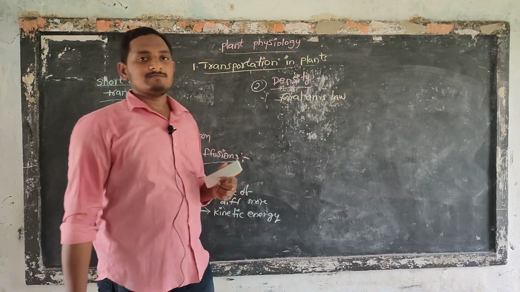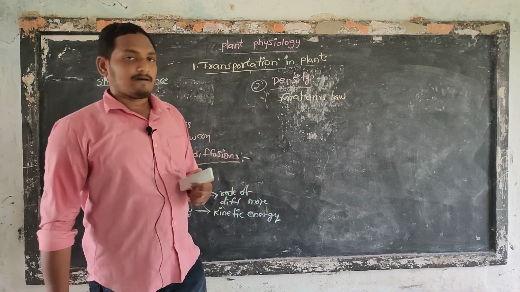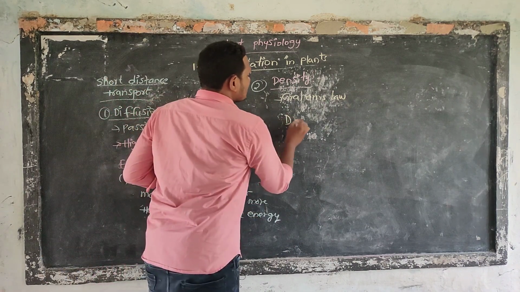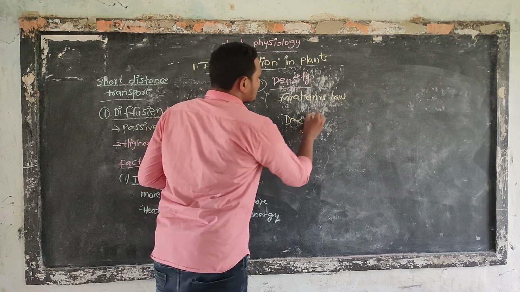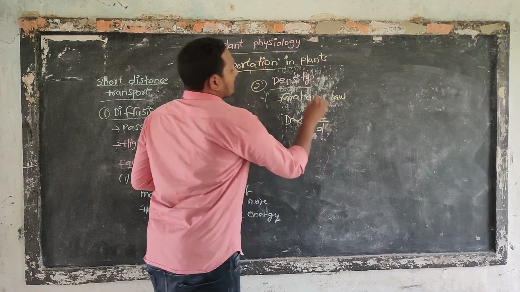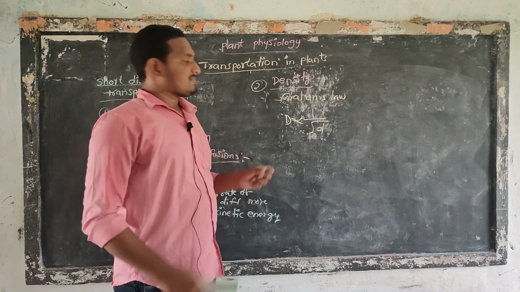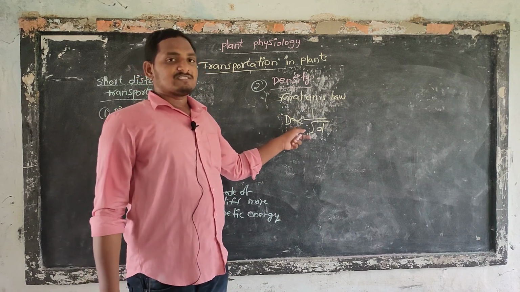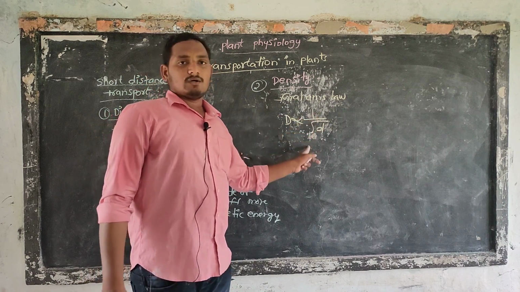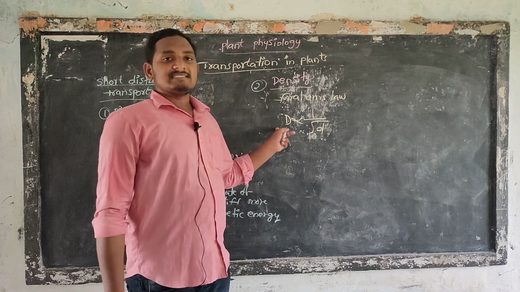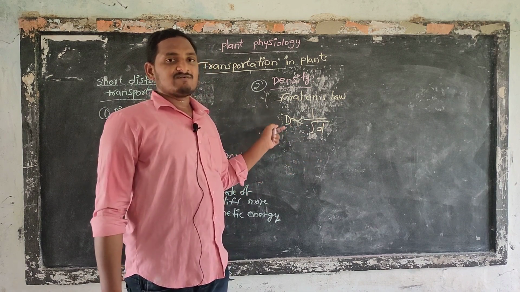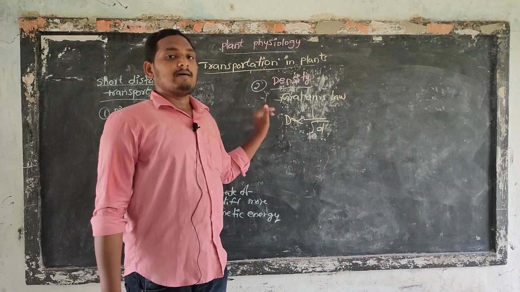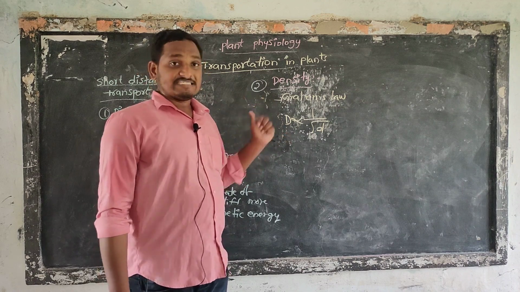Diffusion is inversely proportional to the square root of density, 1 by root d. The diffusion rate of a particle is mainly based on its density.